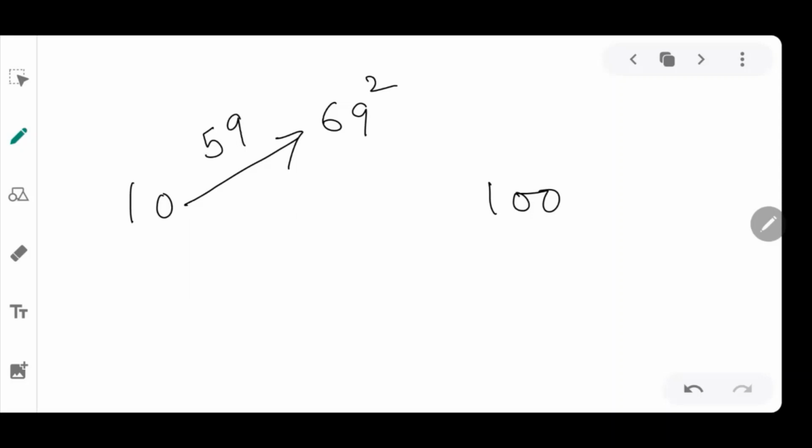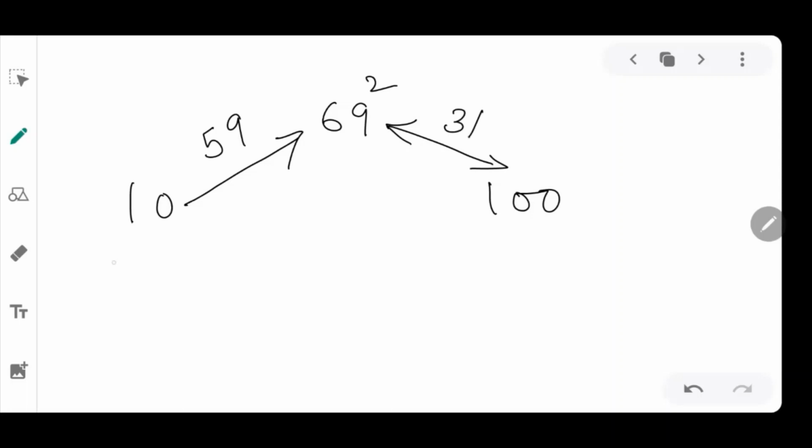We know that one base is 10 and another base is 100. Now, if a number is between 10 and 100, let's say 69, and we want to find the square of this number. Either I take base 10. How much is the difference from 10? 59. If I take base 100, how much is the difference from 100? It is 31.